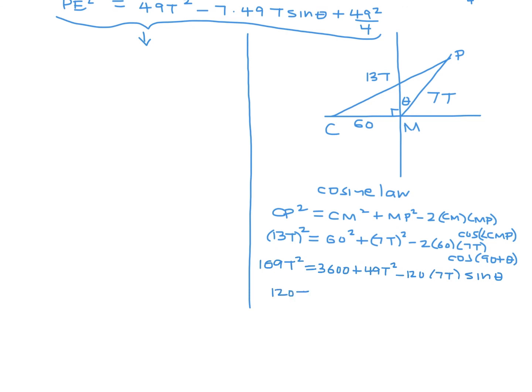This is 120 t squared is equal to 3,600 minus 120 times 7t sine theta. I think we can divide through by 120. And when we do, we get t squared is equal to, let's see here, 30 minus 7t sine theta. And therefore t squared, let's see here.